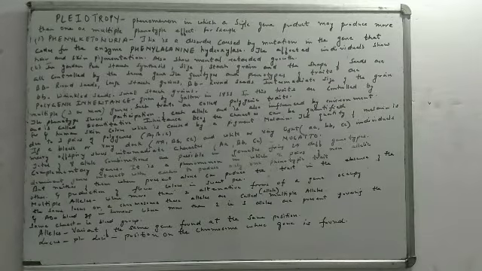Now, after you know both the terms, let's go back to multiple alleles. When more than two alternative forms of a gene occupy the same locus on the chromosome, they are known as multiple alleles. The best example is the ABO blood group in humans. We have already done this.